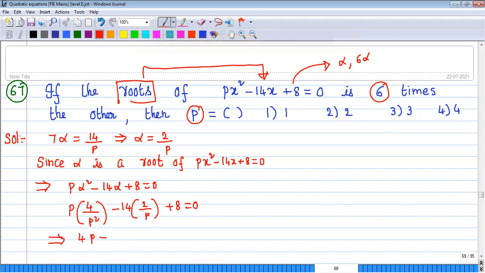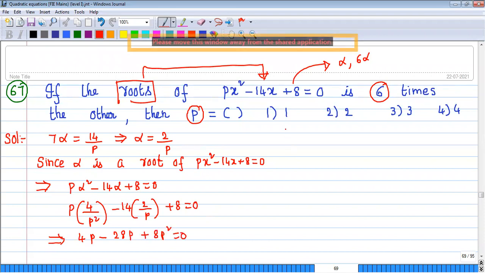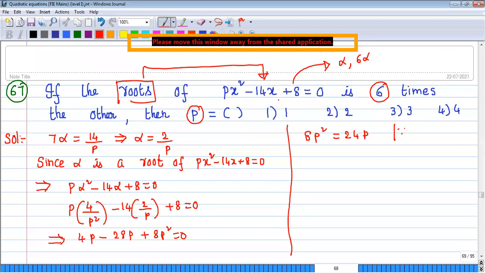So now this will be 4p minus 28p plus 8p square equals to 0. So now 8p square minus 24p equals 0. But actually, by the definition of the quadratic equation itself, this very important concept needs to be remembered: p does not equal to 0.